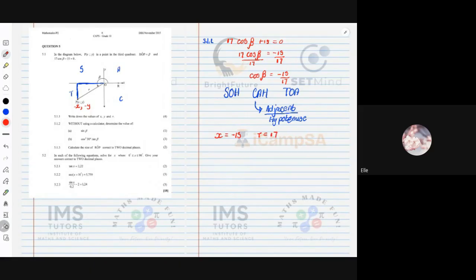And then in order to solve for y, I'm gonna say r squared is equal to x squared plus y squared.